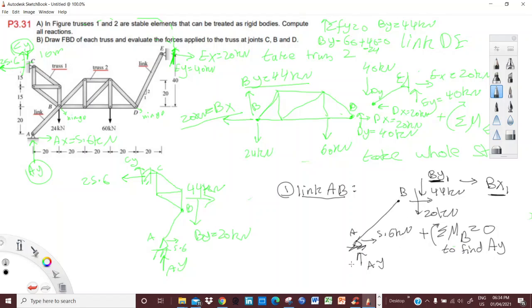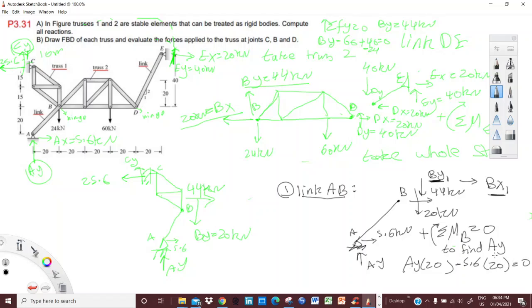So Ay is going to be clockwise, Ay times 20. Okay, therefore clockwise, minus 5.6 times 20, therefore equal to 0.